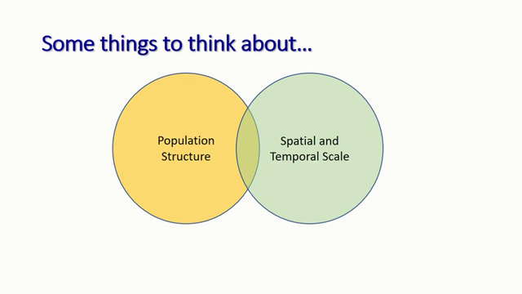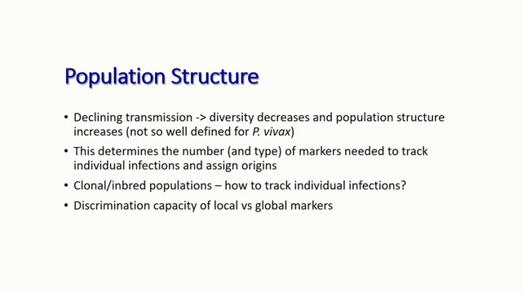So some of the things we need to think about when we're choosing our markers for our research studies are population structure, and spatial and temporal scale. With regards to population structure, with declining transmission, diversity generally decreases and population structure increases, though this isn't so well defined for vivax.